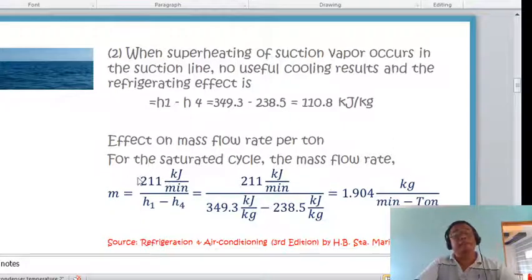This 211 is obtained from 1 ton of refrigeration, 3.516 kilowatts multiplied by 60 seconds per minute, so that is 210.6 something, and then divided by the change in enthalpy. The value now, class, is 1.904, already known in the previous example.